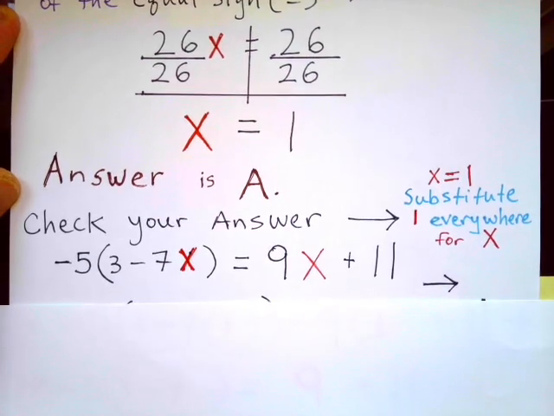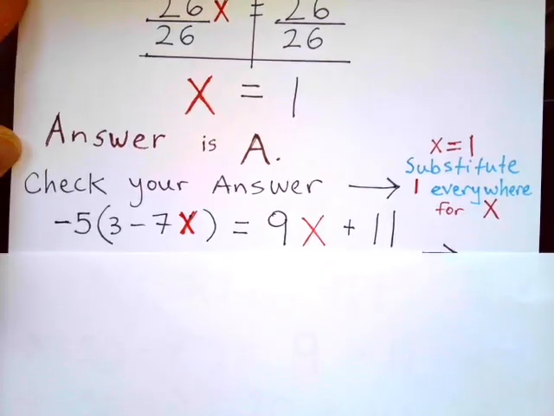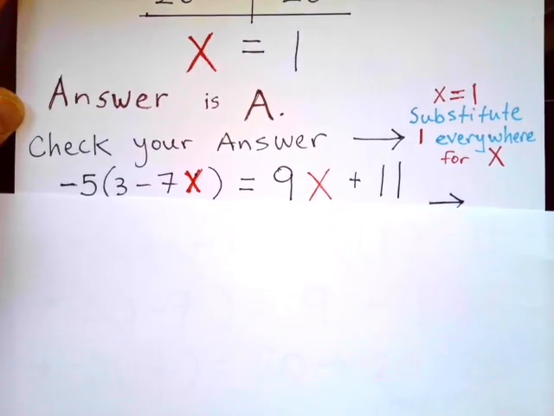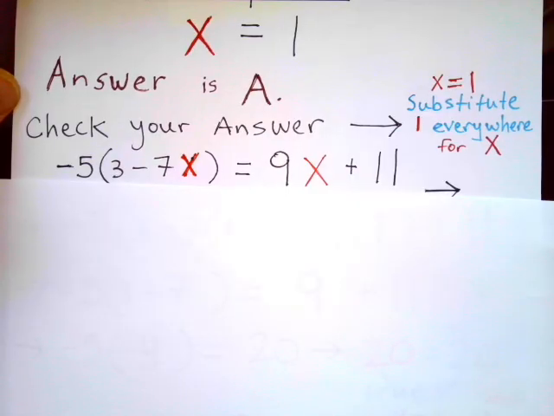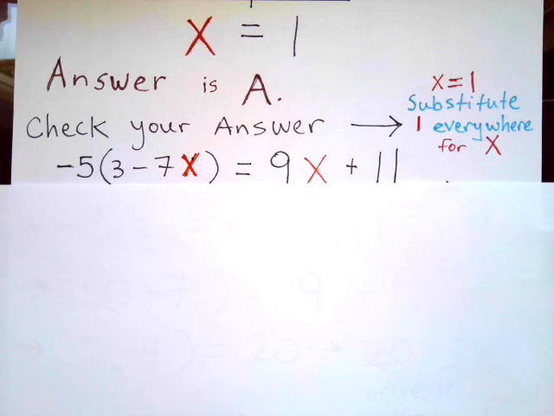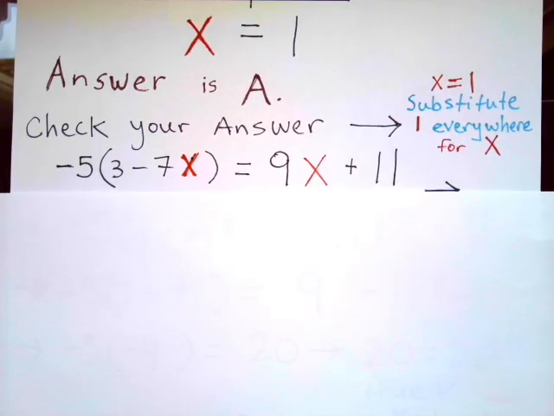Let's just see what that looks like here. I'm going to substitute if x equals 1. And if I'm going too fast, please pause, stop, rewind the video, watch it again as many times as you need. If you need to watch part 1 or part 2 over and over again, go ahead and do that. That is an advantage to having video. You can stop, pause, rewind, and watch it as many times as you like.